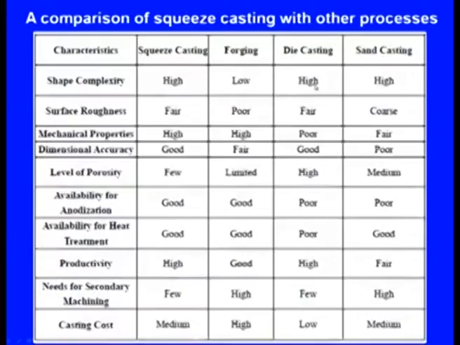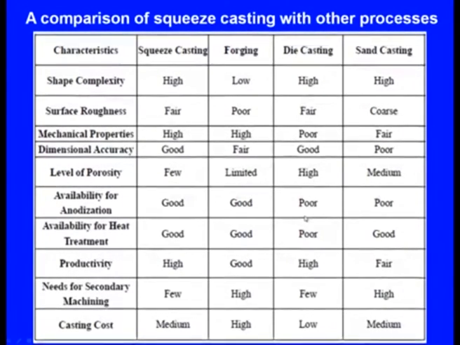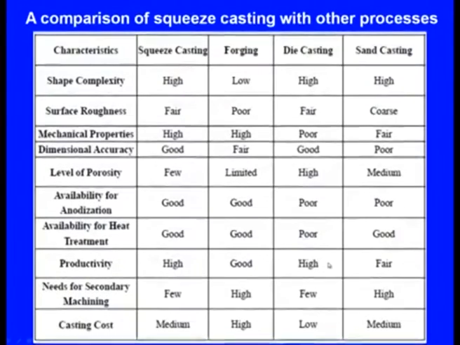And in the case of the die casting, shape complexity high, surface roughness fair, mechanical properties poor, dimensional accuracy good, level of porosity high, level of anodization poor, availability for heat treatment poor, productivity high, needs for secondary machining few and casting cost low.